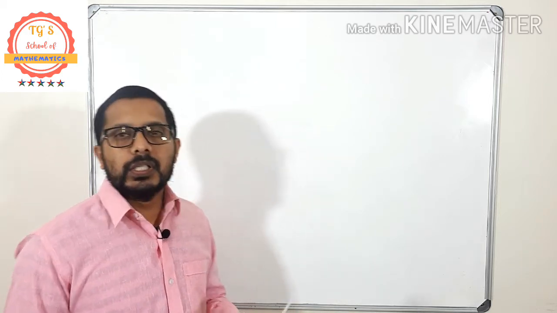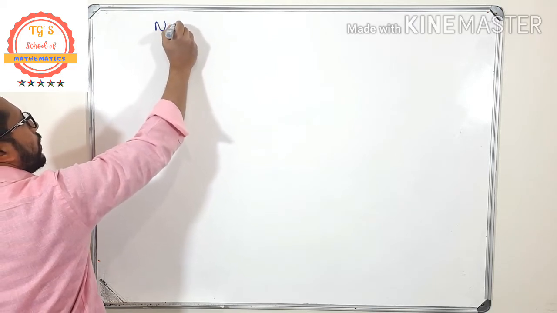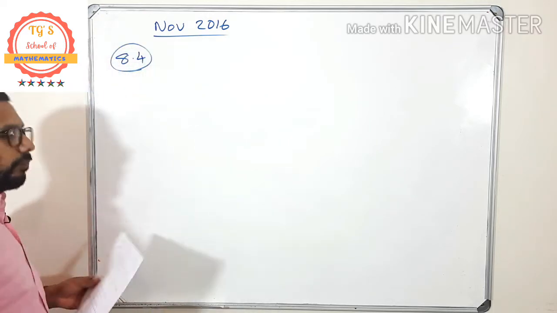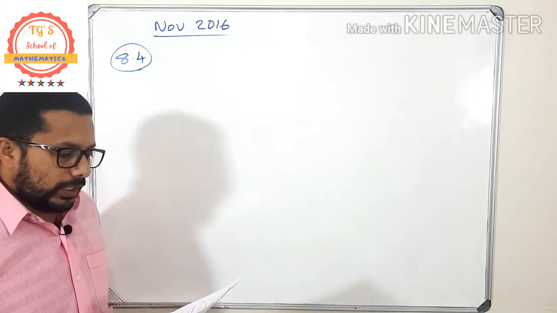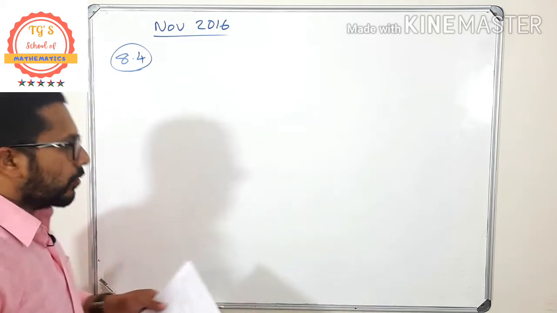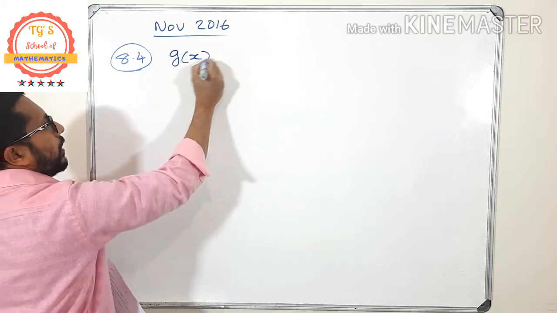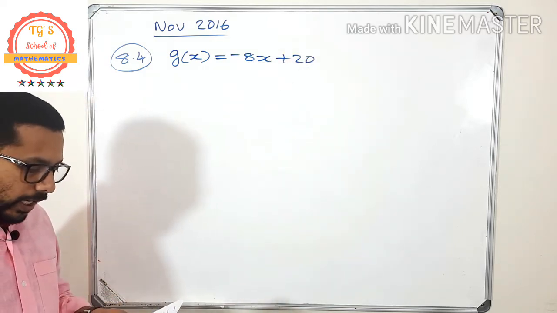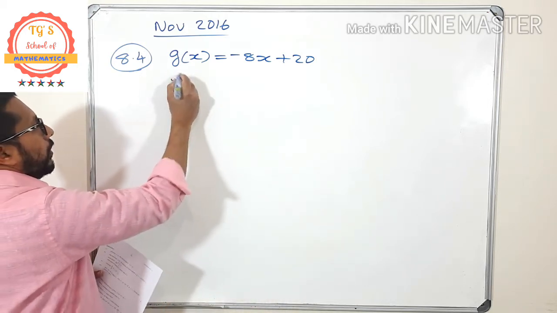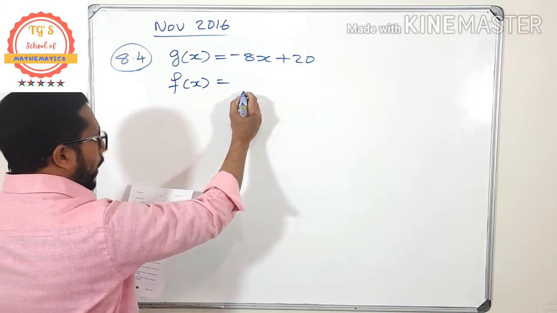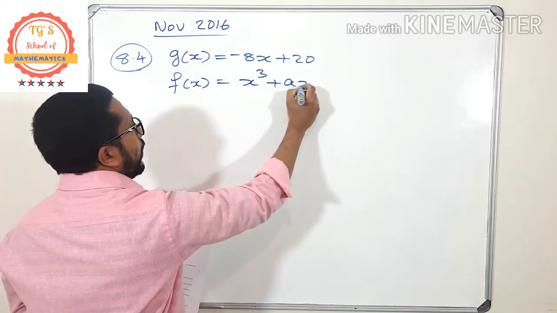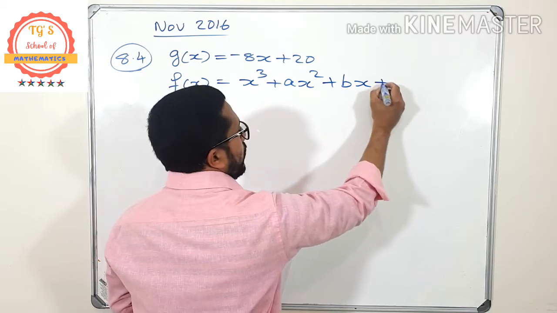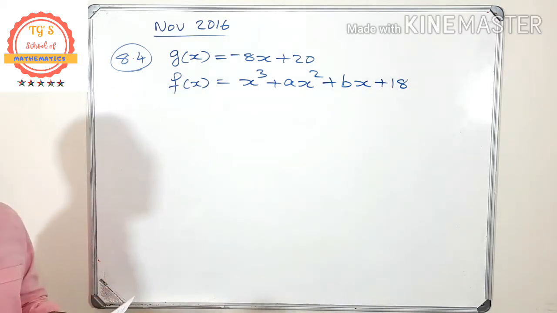Question number 8.4, this is a November 2016 question. g of x is equal to minus 8x plus 20 is a tangent to f of x is equal to x cube plus ax square plus bx plus 18 at x is equal to 1.